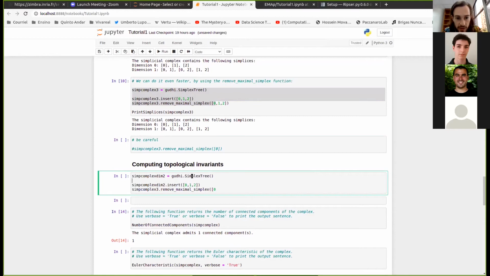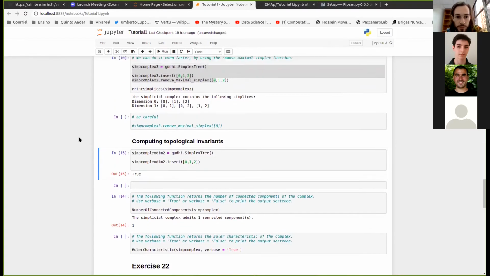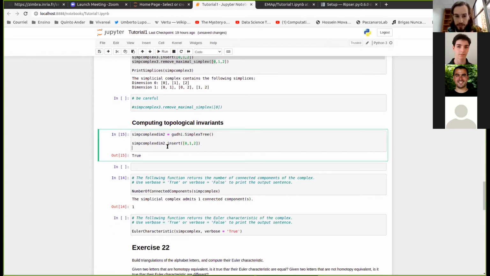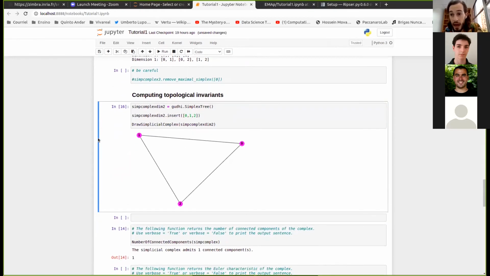This is a simplicial complex that contains the simplex 0, 1, 2. And I want to draw it. As you can see, the triangle is not drawn. This is because NetworkX, the library, only plots edges and not triangles.